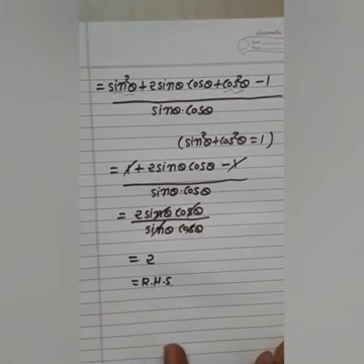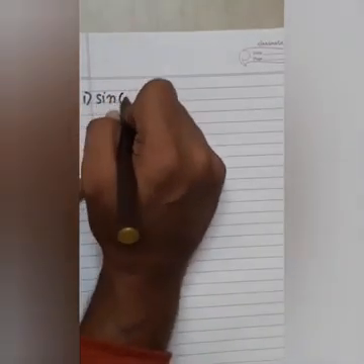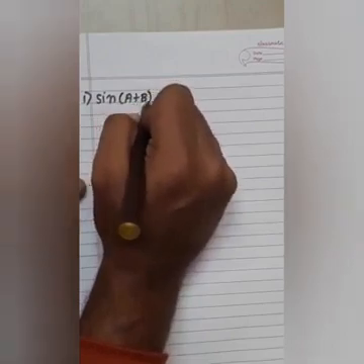Okay. Now today our topic is to discuss the formulas of sin a plus b, sin a minus b, cos a plus b, cos a minus b. So now let us discuss these formulas. First formula: sin into bracket a plus b.